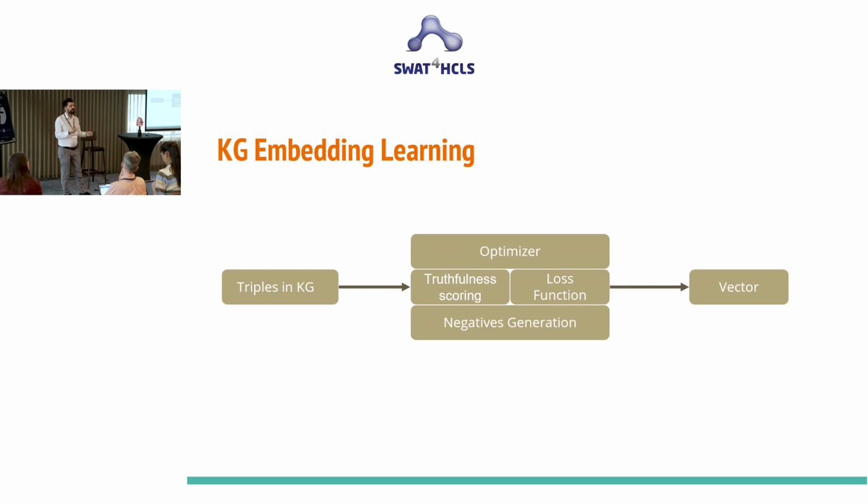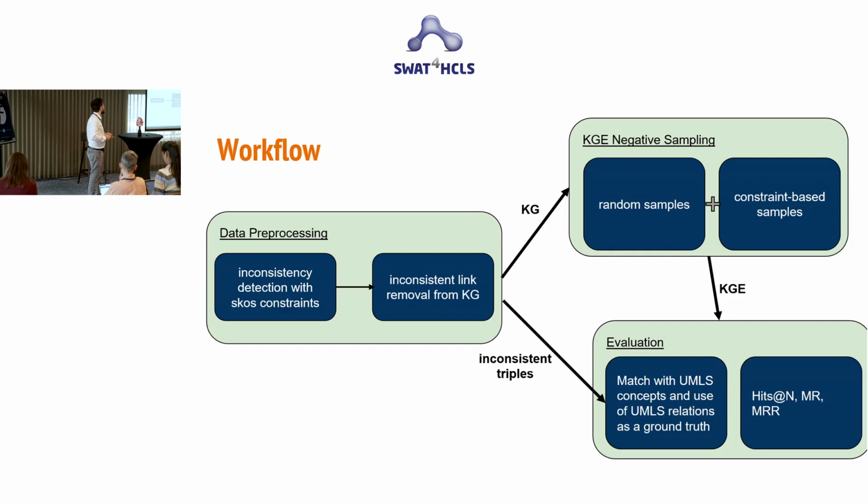You also have to provide some negatives. Each triple is positive, but you have to create negatives, which means you either randomly generate them, and sometimes it's true, sometimes not. We try to focus on that. We know that there is some inconsistency in the knowledge graph.